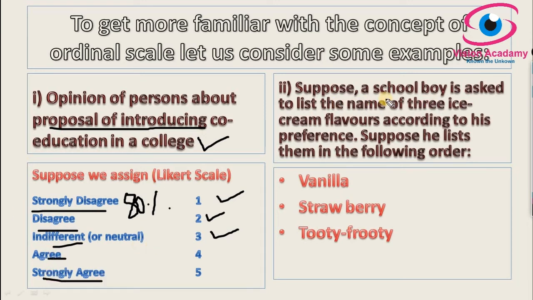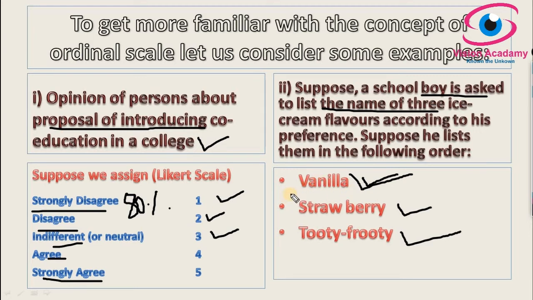To be more clear, suppose a schoolboy is asked to list the names of 3 ice creams. He can list vanilla first, strawberry second, tutti frutti third, based on his likability towards the ice cream. The boy can say, I like vanilla ice cream so much. When that boy has the options of vanilla, strawberry, tutti frutti, he will select vanilla as his first preference.